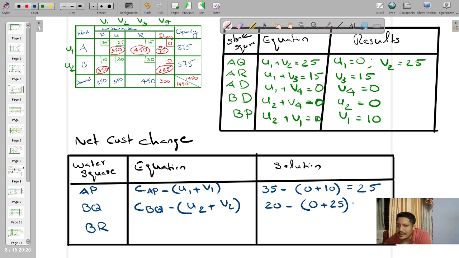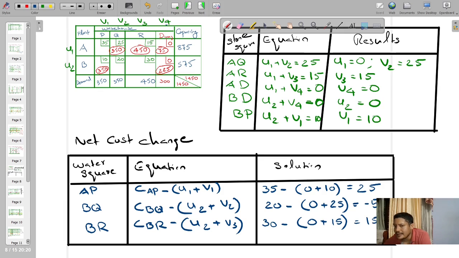Once you solve, we'll get minus 5. The third is C of BR minus U2 plus V3. C of BR is 30, so 30 minus 0 minus V3 which is 15, so it is 15.